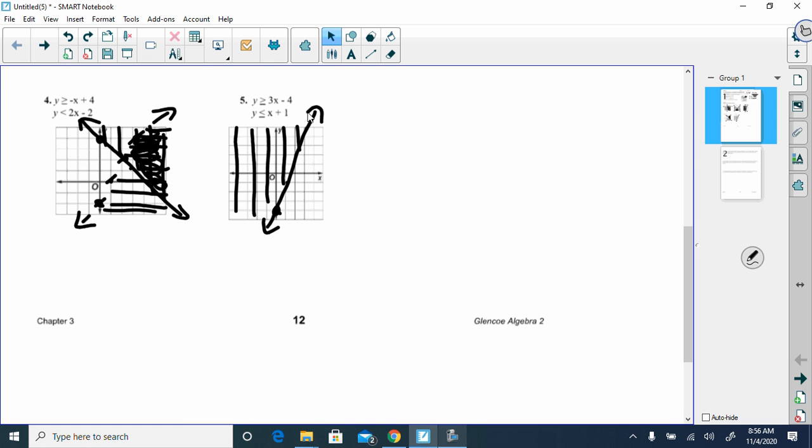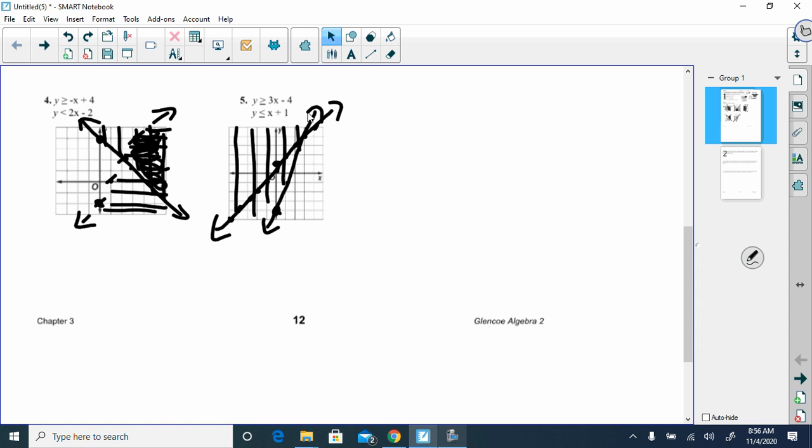Okay, second one starts at +1. It also has positive slope, so it'll slant the same way, but we're going up 1/1, right? And this one had the equal sign as well, so it's solid.